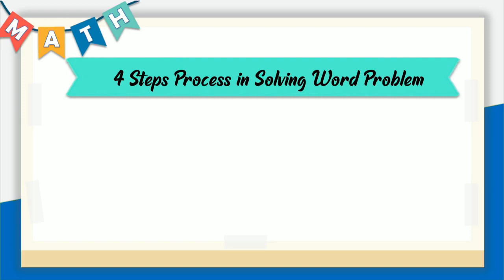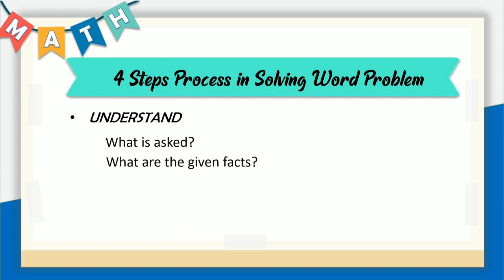In solving routine problems, we follow these steps. First, understand the problem. In understanding the problem, we will know what is asked and what are the given facts. Then we will plan for the problem.